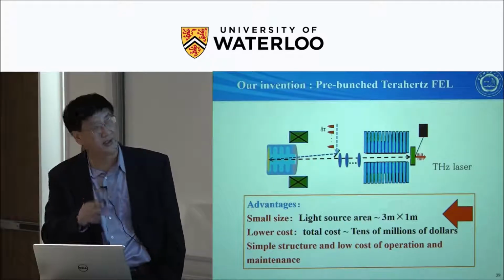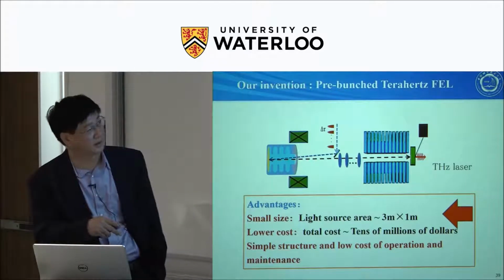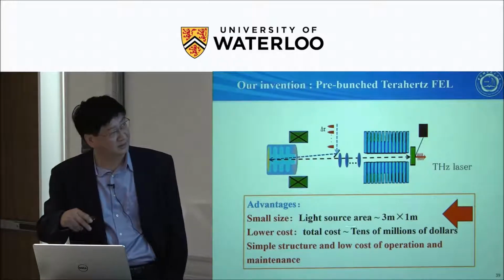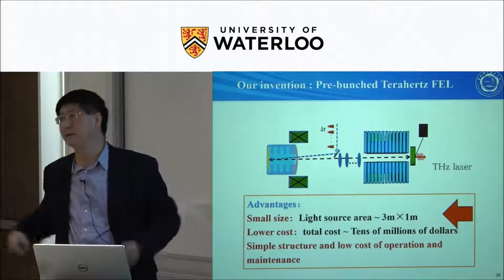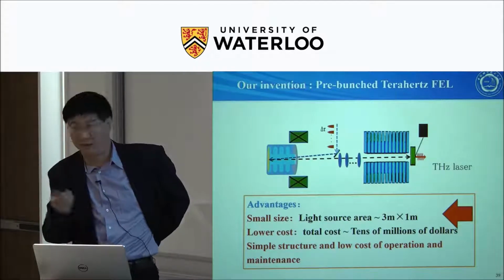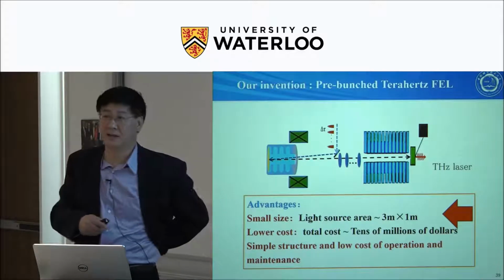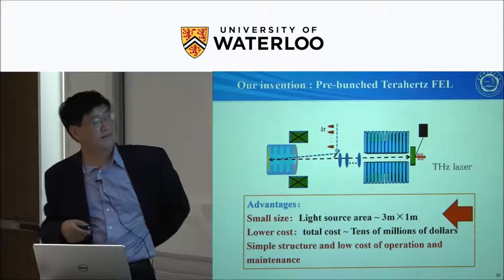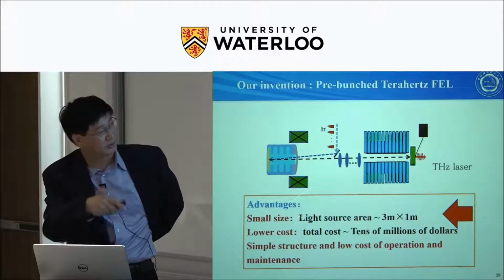Then we have a terahertz laser irradiated from the laser here. If this is a good one, the size can be reduced to about 3 meters plus 1 meter, from 30 meters by 20 meters, okay? So lower cost. I don't know how much that one costs in dollars, but this could be really cheap.